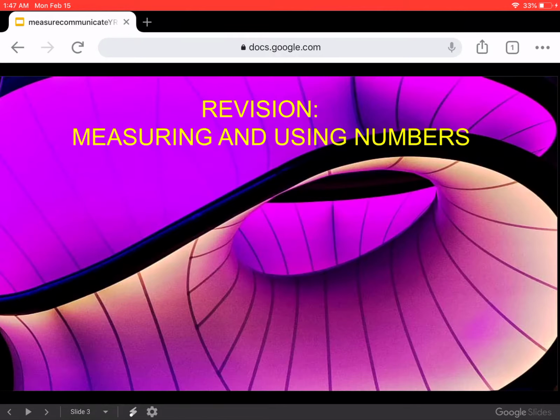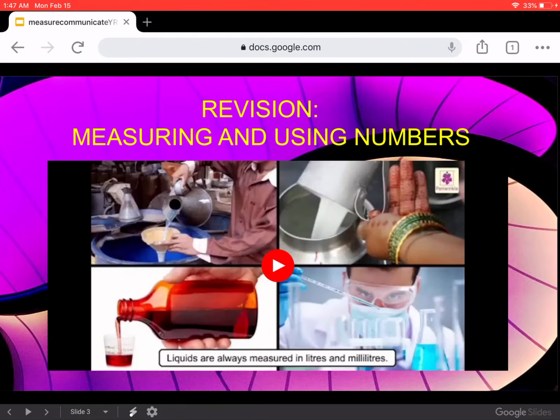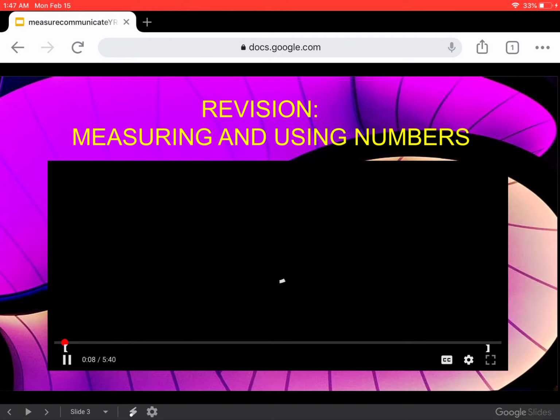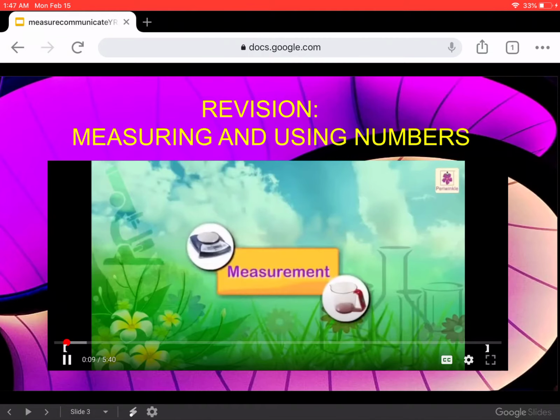Let's do a quick revision about measuring and using numbers. You have learned about this during year 2. Measurement.